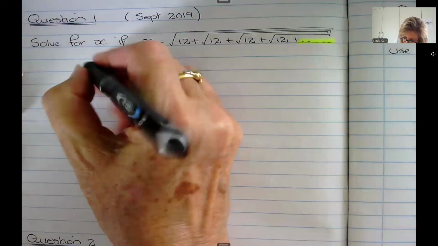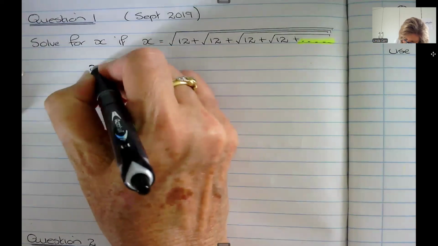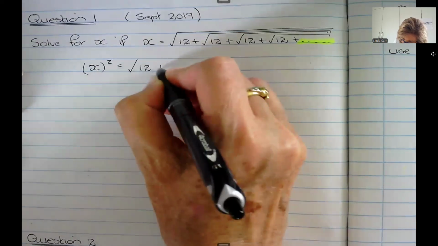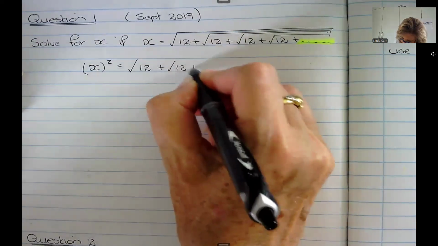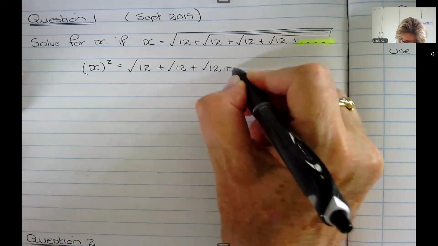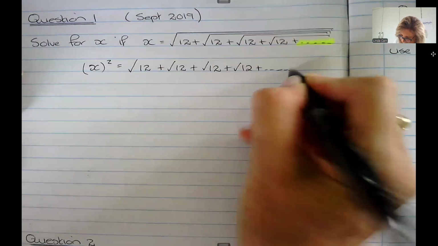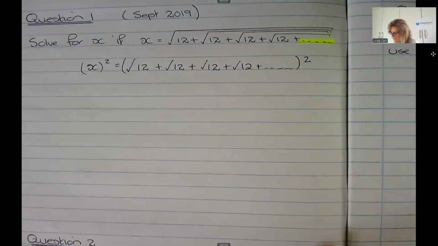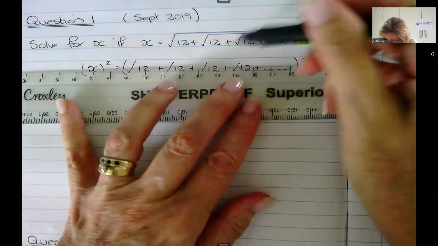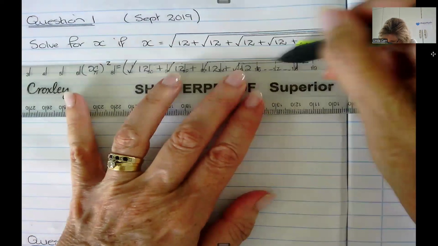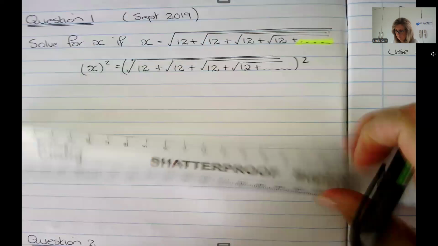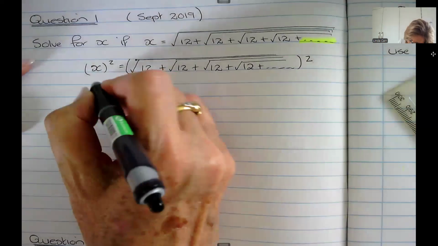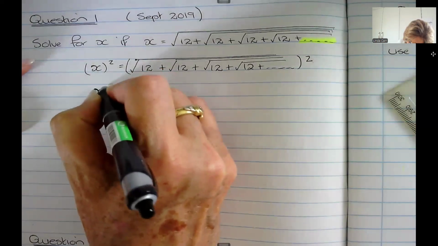So we're going to square both sides. We're going to go x squared, and we're going to take this whole horrible, ugly, big surd and square it as well. By now your arm's already tired just writing all of this, but you get the idea. When we square both sides, on the left, this becomes x squared.